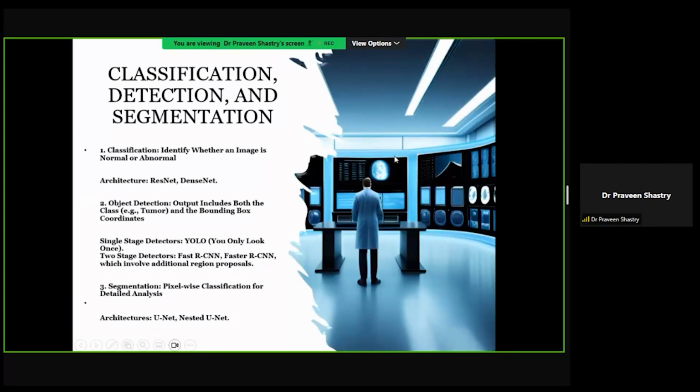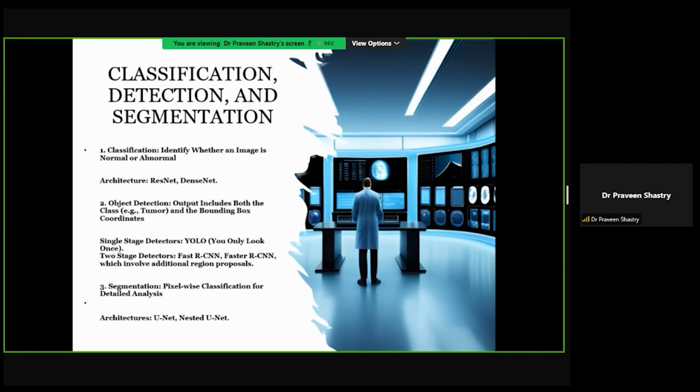So these are all the available options out there. What is classification? Identifying whether an image is normal or abnormal. Classification involves assigning a label to an entire image, determining whether it belongs to one or several predefined categories. The architectures that we know of are ResNet and DenseNet.